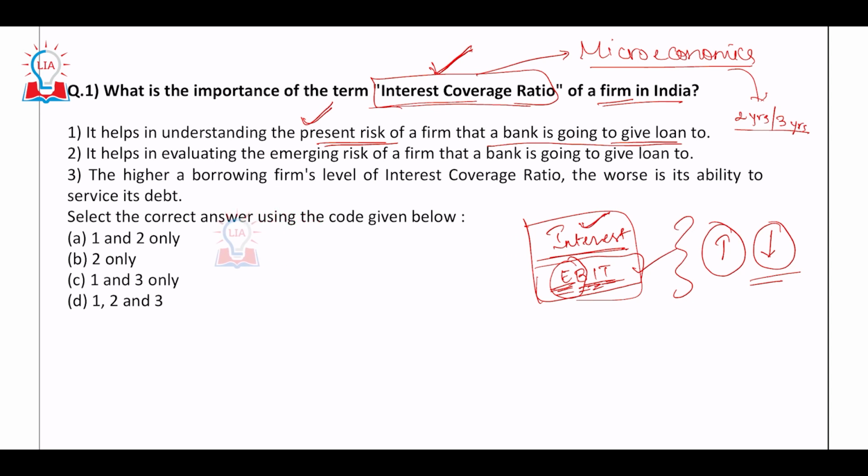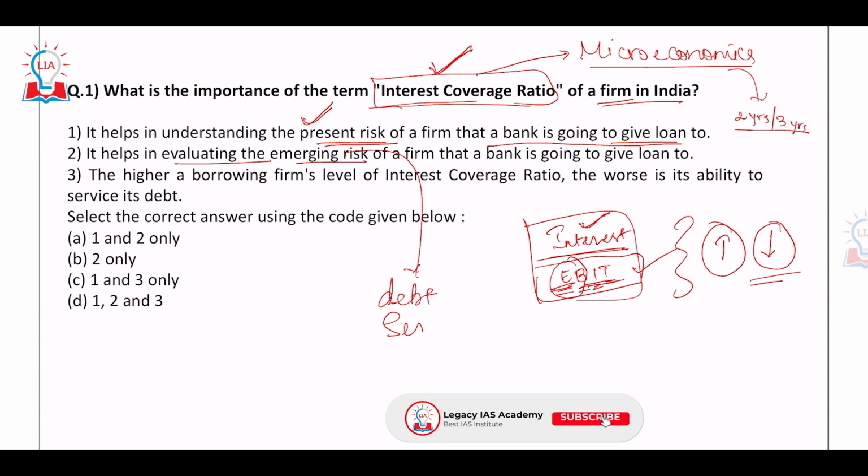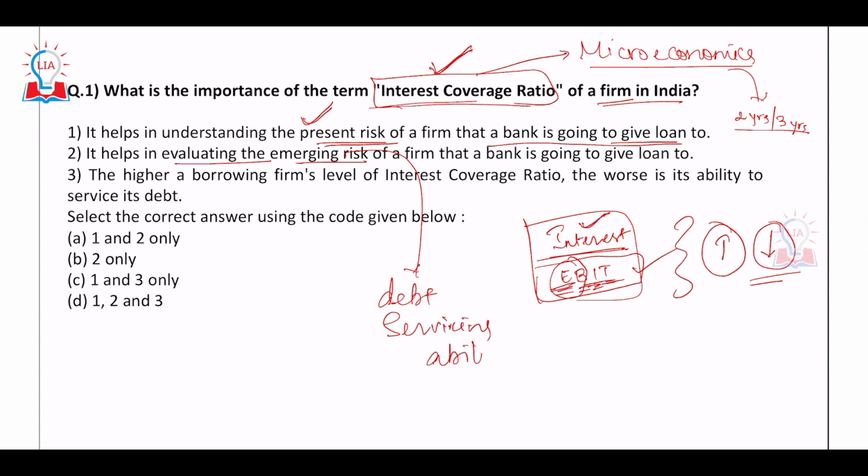It helps in evaluating the emerging risk. So in the future, will it be able to pay the interest or not? It just shows the debt servicing ability of a firm, either for the present or for the future, in both cases.